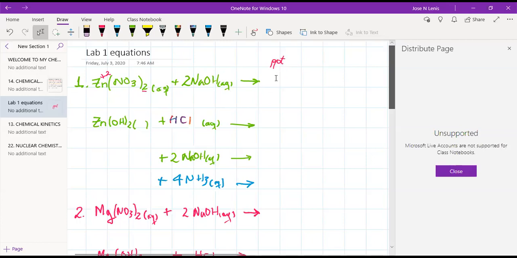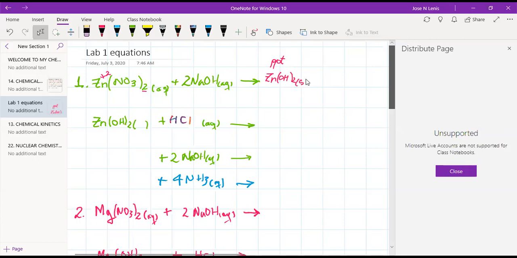It's a precipitate. That means these reactions form something that is not soluble in water. So it forms a solid. And that solid is zinc 2 hydroxide.